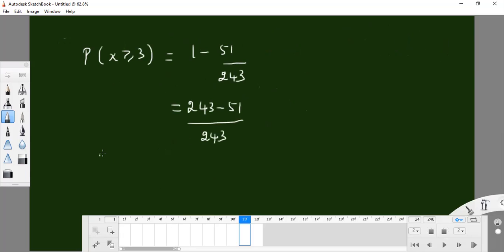The value of P of x greater than or equal to 3 is 192 by 243. So it is nothing but the probability of at least 3 success.